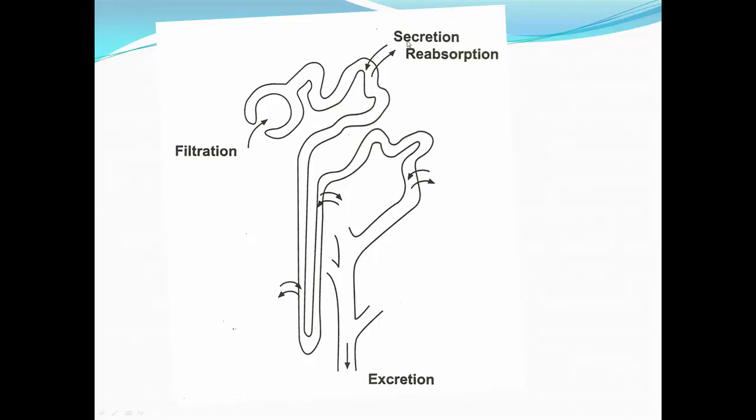Within the tubular mechanism, we have reabsorption, so we're taking things back from the tubules back into the circulation, but the circulation can also secrete substances that they want to get rid of into the tubular lumen. Once all of that happens, and different things will move in different parts of the lumen, then it has to be excreted. And remember that once you exit the collecting duct or the collecting tubule, the urine is what it is. It isn't going to change anymore.